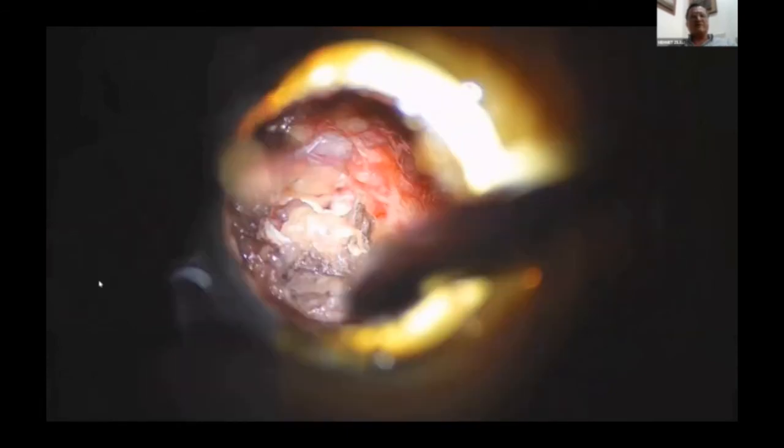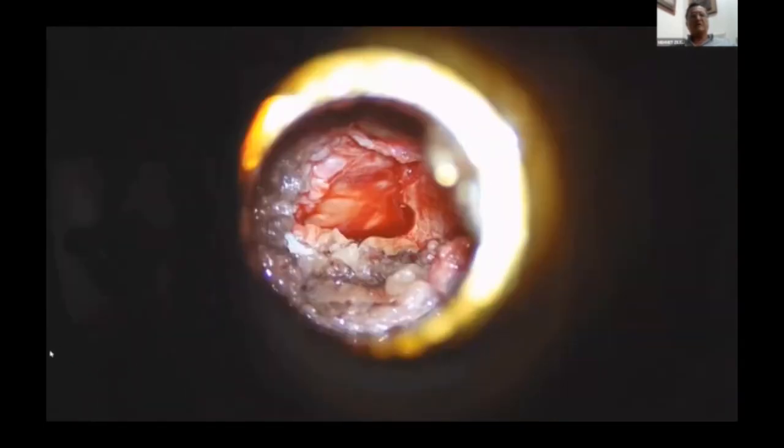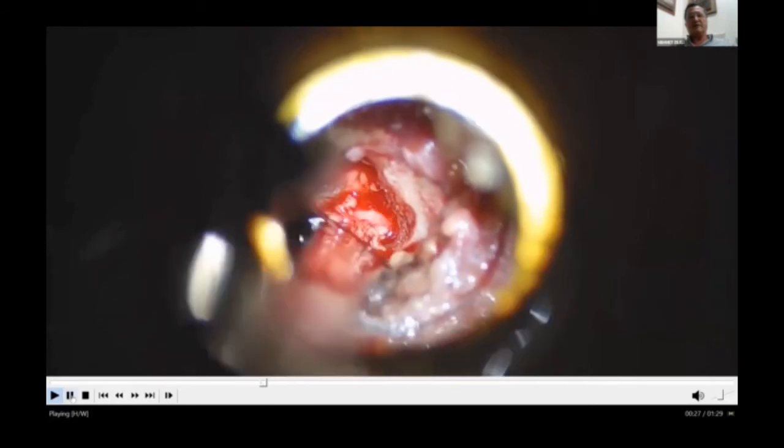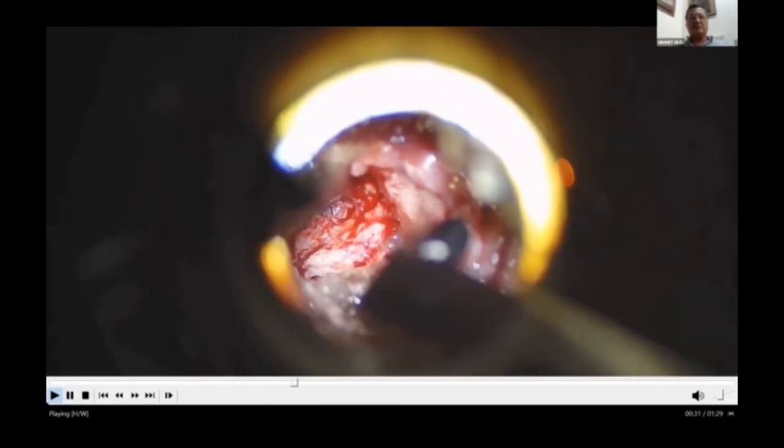Yes, this is that case, L4-5 extruded disc herniation. I removed the ligamentum flavum, but I tried to preserve the fat tissue. If necessary, I coagulate the vessels. And whenever I see the fragment, if it is a free fragment, it's easier. Now it's a free fragment.